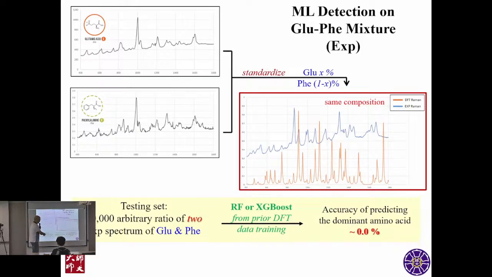Again, we fit a random forest. Rate 0. Too complicated. Random forest cannot tell. You see the huge difference. This is the experimental spectrum. If you do it with the experimental spectrum, random forest will fail.